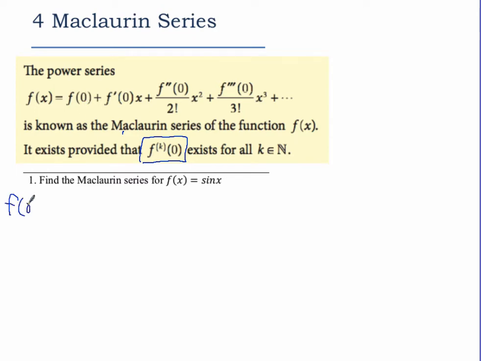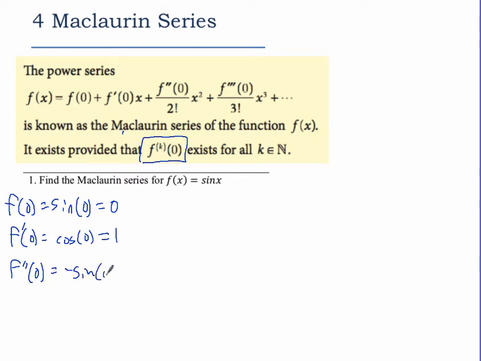So f of 0 equals sine of 0. Okay, sine of 0 equals 0. Then we have f prime of 0 equals cosine 0, which equals 1. Then we have f double prime 0 equals negative sine 0, which is 0.